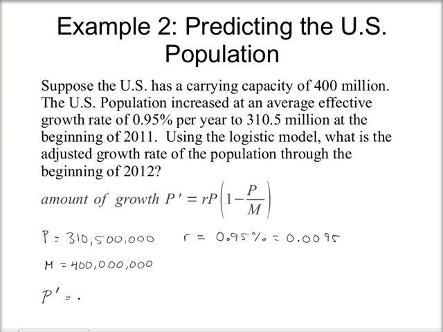That's going to be 0.0095 times P, which is 310.5 million, times 1 minus P divided by M, so 310.5 million divided by 400 million.